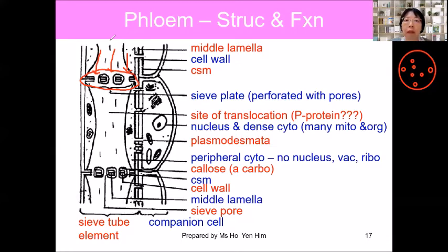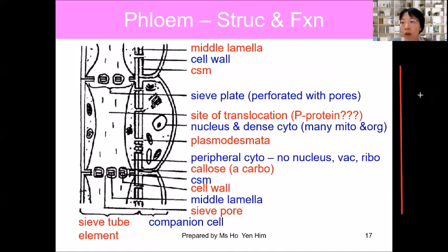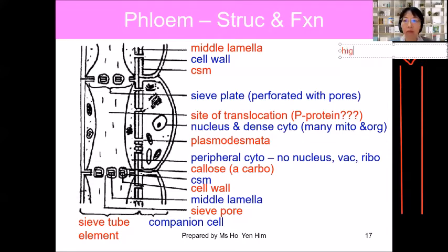It's like this. Material is transported in the sieve tube, right? This is sieve tube, right? Which extends from the leaf to the stem to the root, okay? It's very long. So the material that's transported in the sieve tube is transported by high hydrostatic pressure. So it is the high hydrostatic pressure that pushes the material to be transported inside the sieve tube.